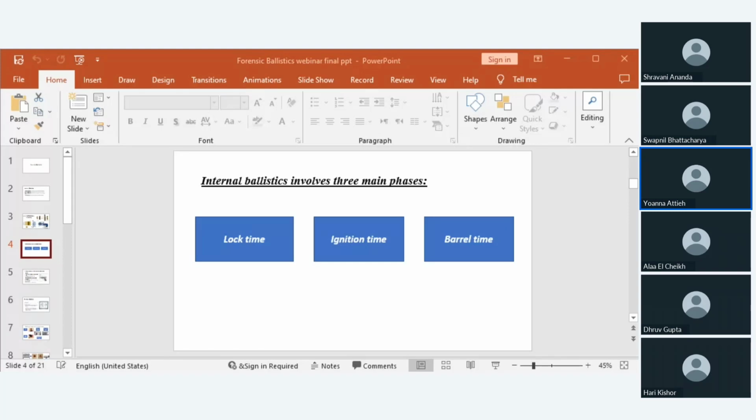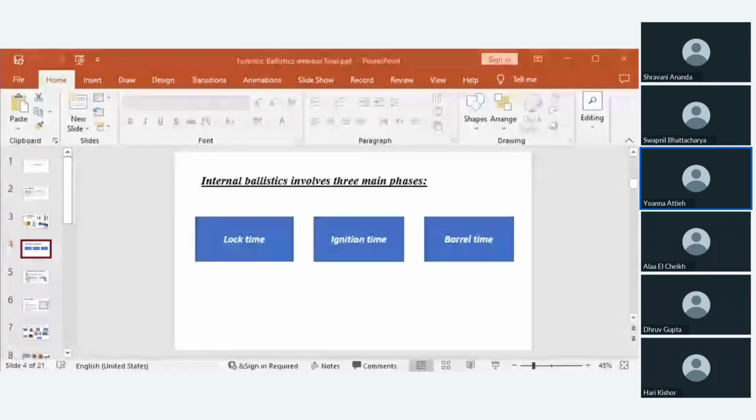The design of the barrel, whether smooth bore or rifled, affects how the projectiles behave inside the firearm and impacts its performance once it's discharged. And moving forward to slide number 4, okay.